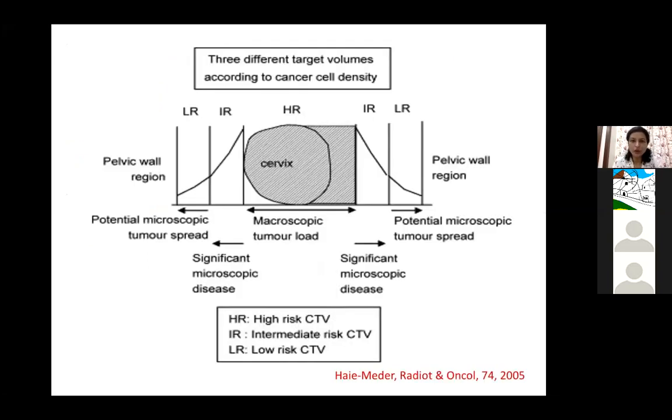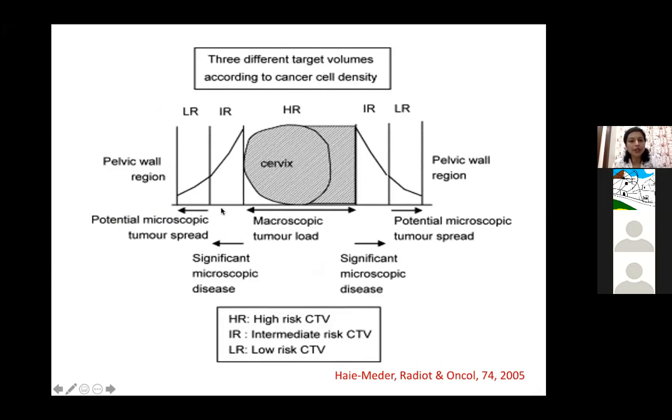So now when the volume-based concept came, they divided it, like external radiation, into a high risk CTV, an intermediate risk CTV, and a low risk CTV. So this was basically according to the cancer density. The macroscopic tumor load was the high risk clinical target volume, which encompassed the disease and the cervix.